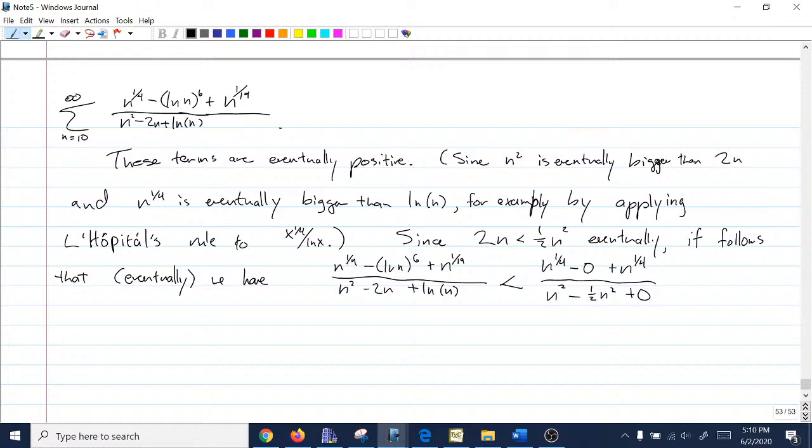I changed the log n to a 0 on bottom. That made the bottom smaller, that makes the fraction bigger. I changed the 2n to a half n squared. This is the one that's not obvious, but I just justified that in the last sentence. 2n is eventually less than 1/2 n squared. This inequality isn't necessarily always true, but it's eventually true, because n squared is bigger than n, because we know how polynomials work, because we're in calculus.